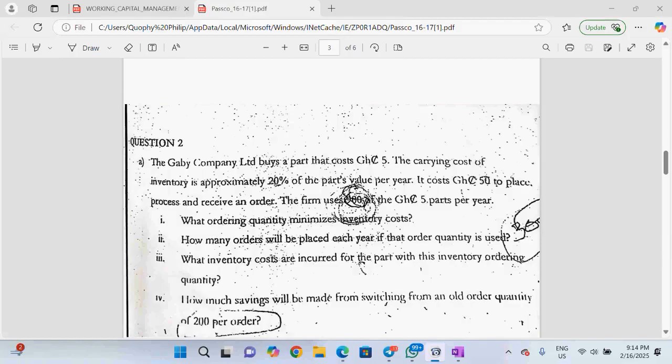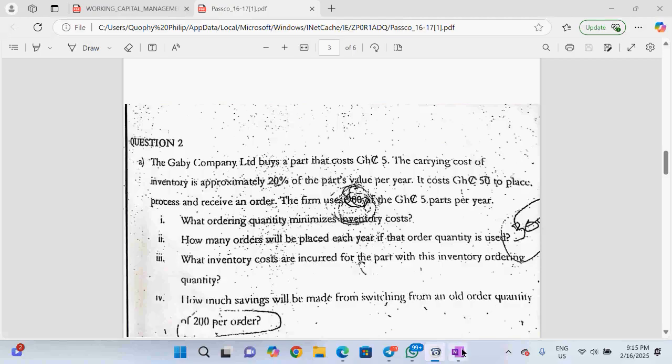Can you see it now? Hello, please, can you see my screen? Yes, please. It's in now. Okay.